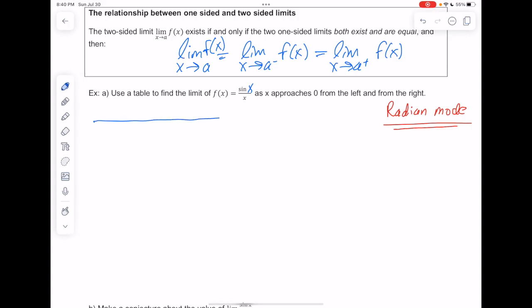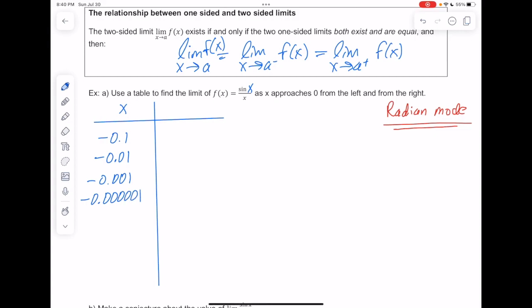So let's set that up. We're going to take x values, and we're going to approach 0 at first from the left. So that would be negative numbers like negative 0.1, negative 0.01, negative 0.001, and then we'll go a lot closer, negative 0.000001.